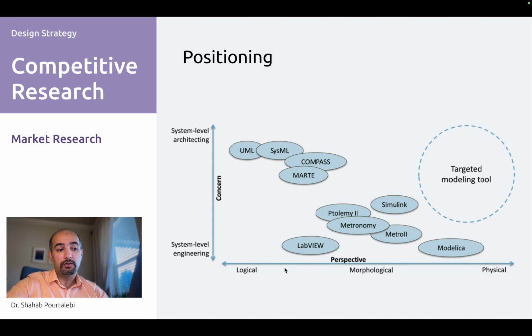And if they try to physically model the systems, they have to target system level engineering issues. So you can model physical components, the physicality of the system, morphological and physical combination even. And that totally makes sense.